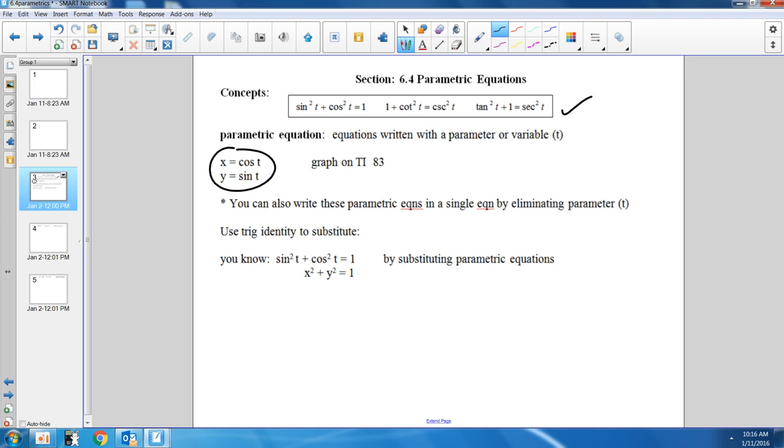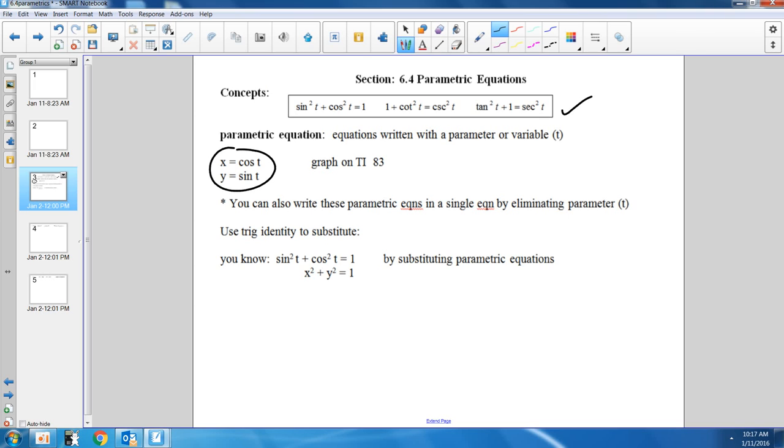Now, the book is going to also have you do that, and also have you name the different conic sections, like is it a circle, is it an ellipse, is it a hyperbola, is it a parabola? And then it's going to have you draw that. Well, if we were to have you do that, we've got to go back and study those conic sections first, and then we have to be able to name them based on this, and that's going to take another probably week.